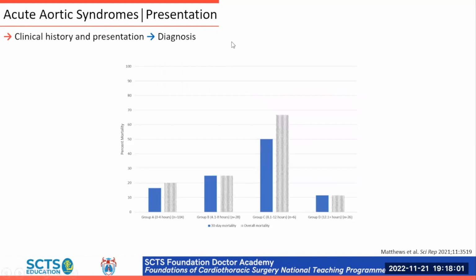And of course, the prompt recognition of an aortic syndrome and a prompt diagnosis make the difference in terms of survival for the patient. You see here that when the diagnosis occurs after 8 hours, the mortality increases exponentially.